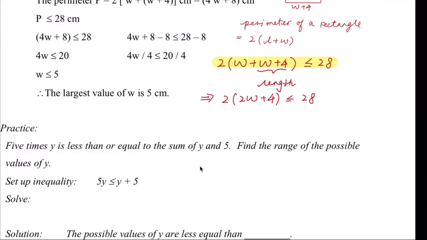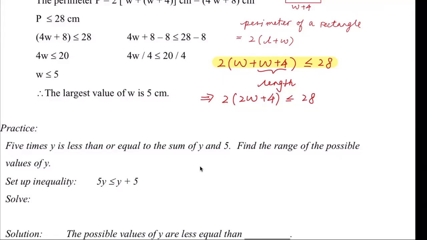Now you have two ways of doing this. The first way, you can divide both sides by 2 to get rid of this coefficient. But here, let's solve it in the traditional way.